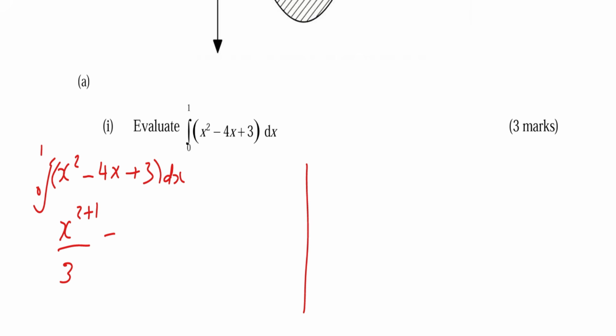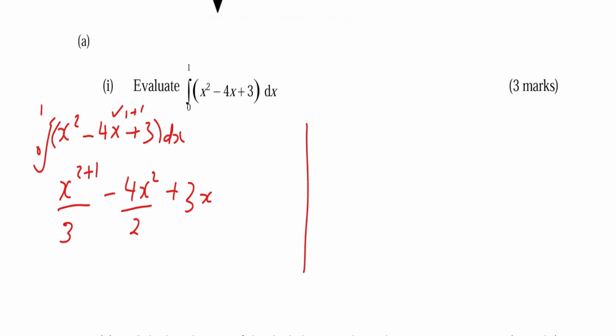And then you also integrate 4x, the power is 1. So 1 plus 1, which is 2, then divide by 2. So x to the power 2 divided by 2. Then the last one, since it doesn't have any letter, we just add the letter.